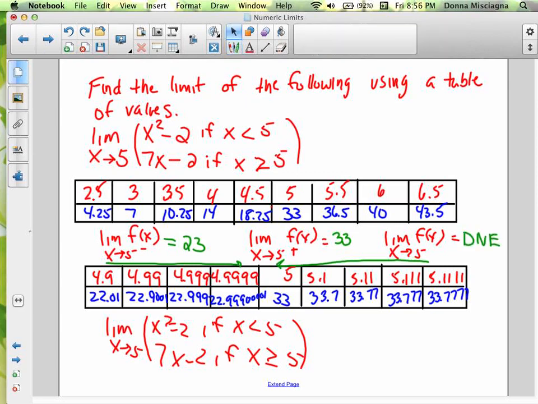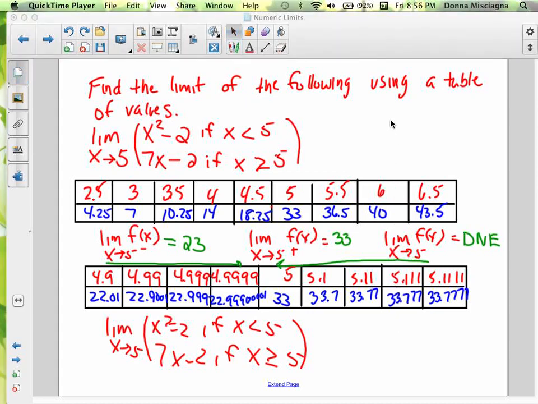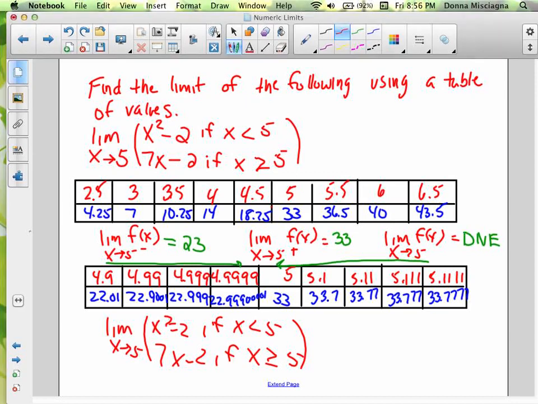It does not exist. And the reason this limit does not exist, I don't know why I did that. I'm going to say f of x. I'm smart this time. I did not feel like writing that in. So f of x equals this.